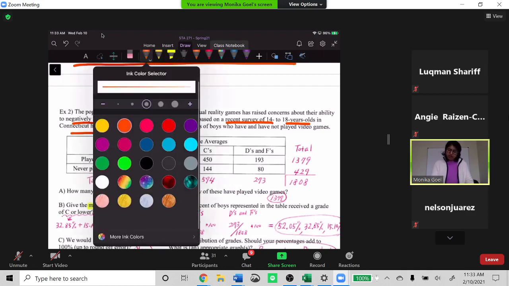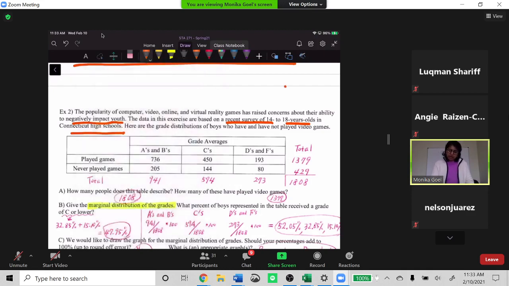So the data is given to us, and it says that some students played games, some students did not play games, and they received the letter grades of A's, B's, C's, D's, and F's.